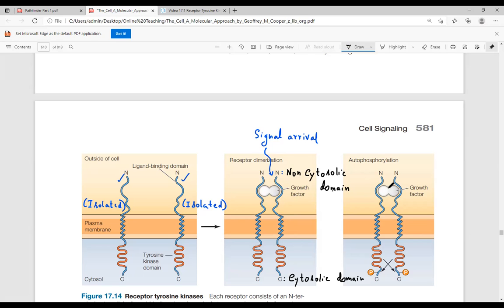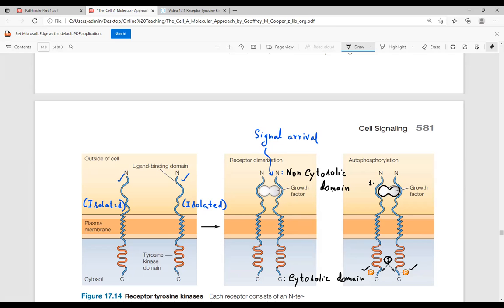The binding of the growth factor causes the dimerization to take place. Once the growth factor arises, it binds and causes the dimerization. That is the first step. The second step that follows is cross phosphorylation. As the cross phosphorylation takes place, two phosphate molecules are added and the activation of the receptor molecule takes place.